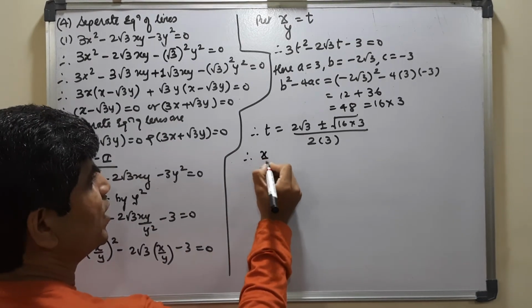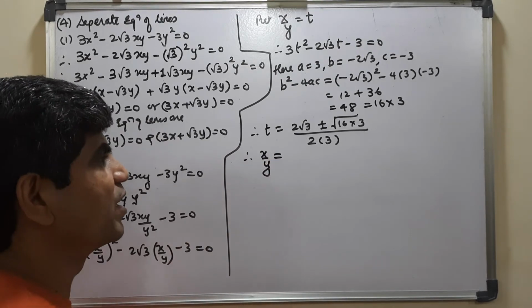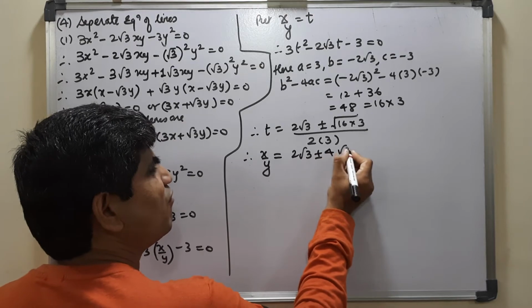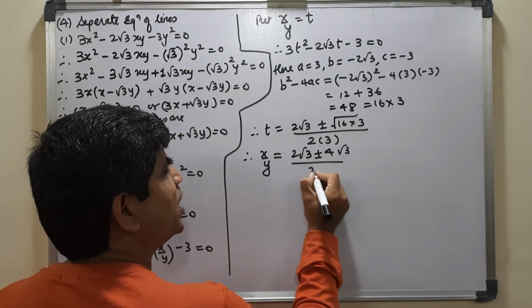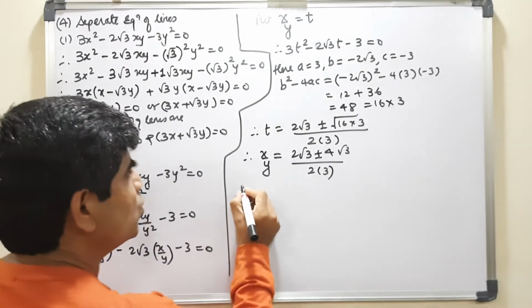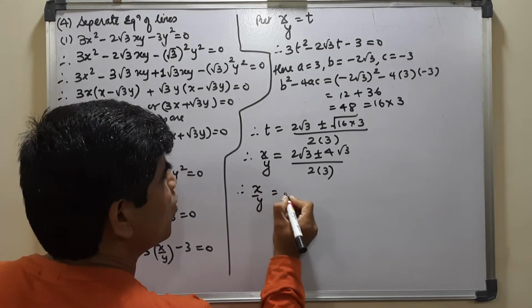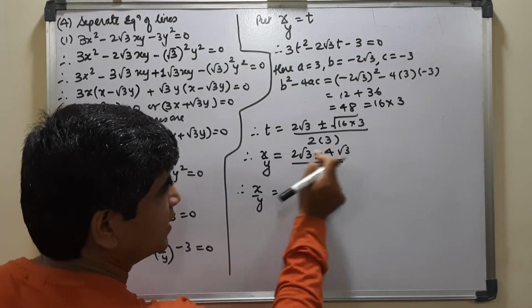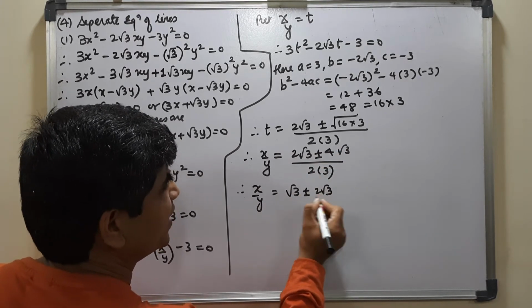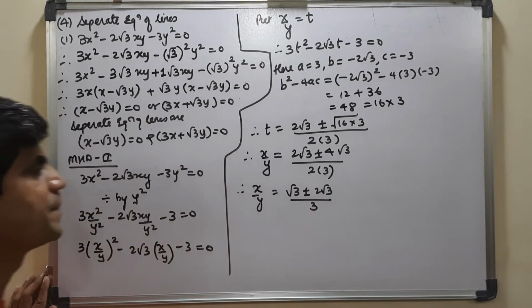So x by y is 2 root 3 plus or minus 4 root 3 upon 2 into 3. Taking 2 common, the 2 will cancel over here. That is root 3 plus or minus 2 root 3 upon 3.